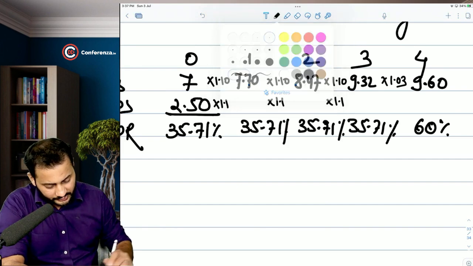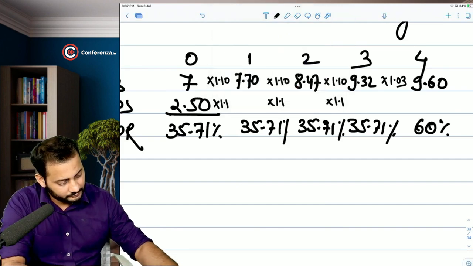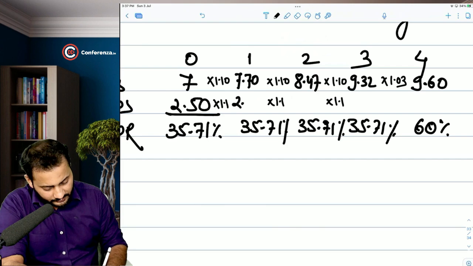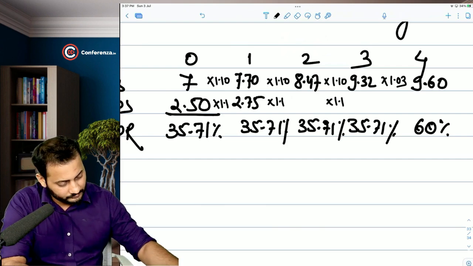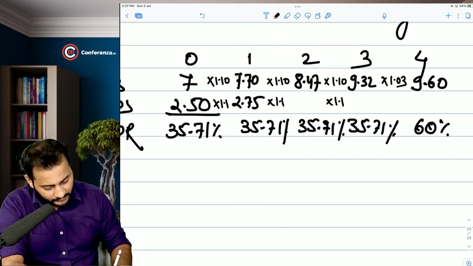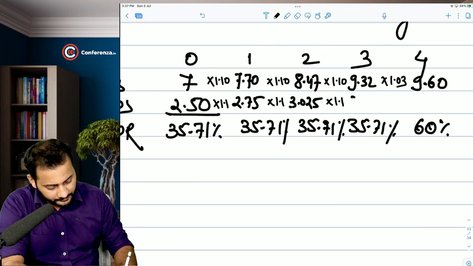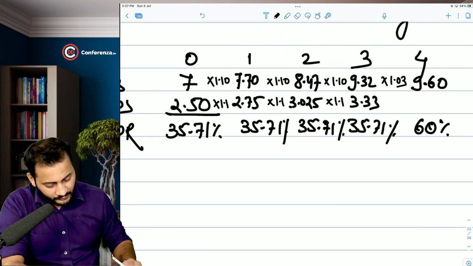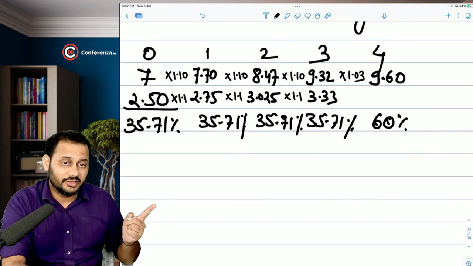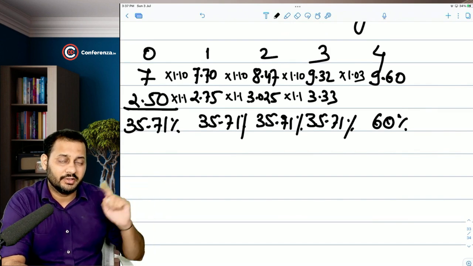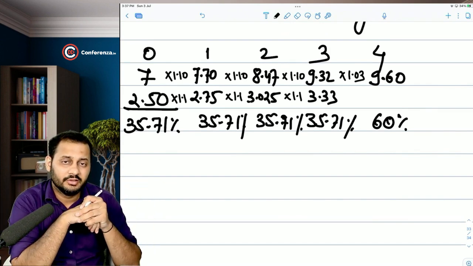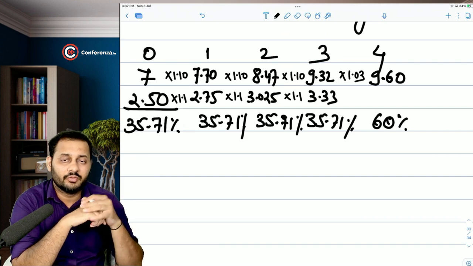Let's do the calculation. 2.75, 3.025, 3.33. But for the 4th year, we cannot keep it growing by 3% because the dividend payout ratio has changed.